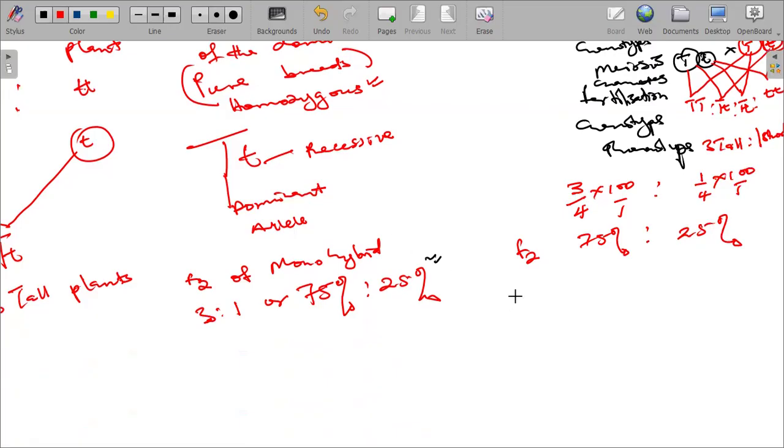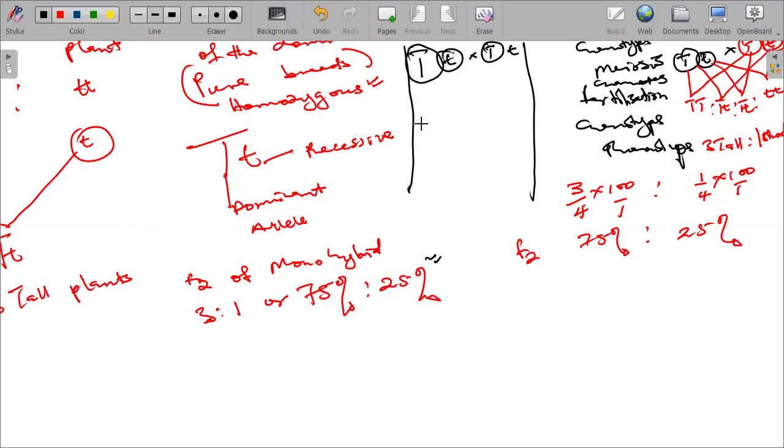Having said that, there is what is called a Punnett square. After you reach the gametes, you have your gametes as T and t, crossed with T and t.